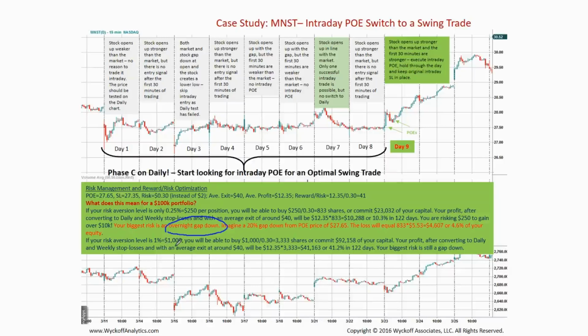Well, first of all, let's look at the profits if we increase the size. So if we are risking 1%, or 1,000 out of 100,000, on the same intraday entry, we're going to have 3,333 shares, and we're basically committing our overall portfolio to this trade.